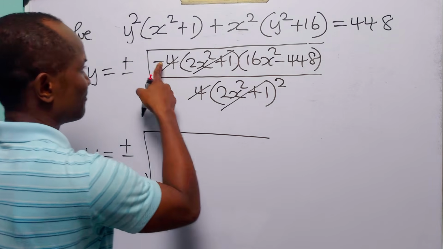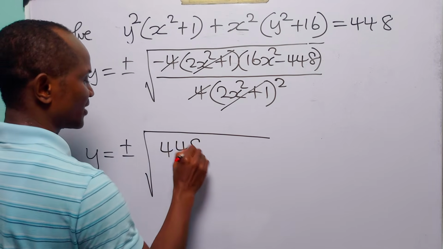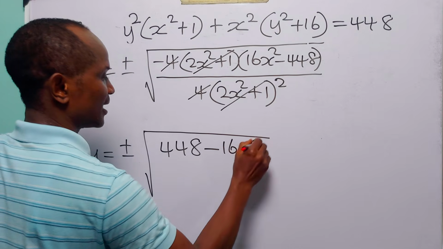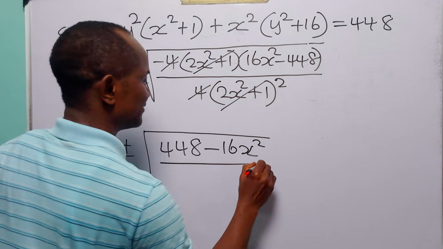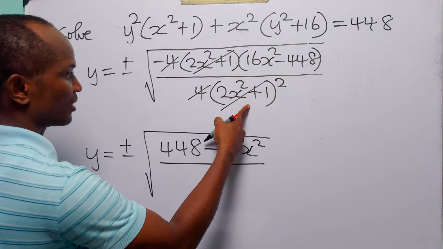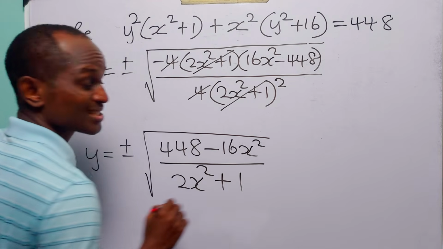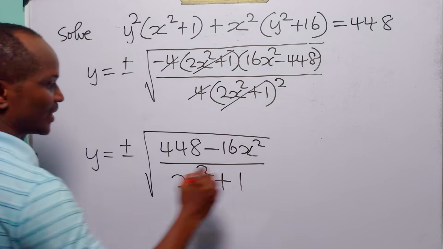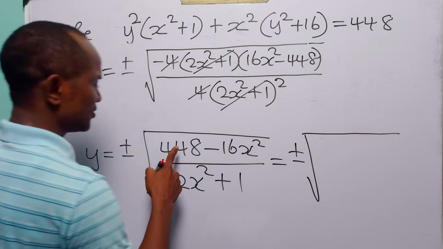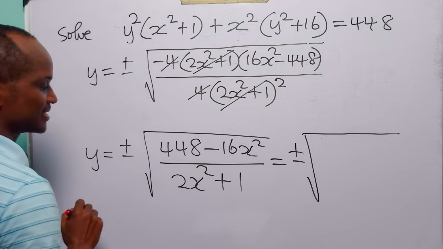Multiplying this bracket by minus 1, we have 448 minus 16x squared divided by, we still have one of this, that is 2x squared plus 1. Now, when you look at these two terms, you'll see a common factor, which is 16.